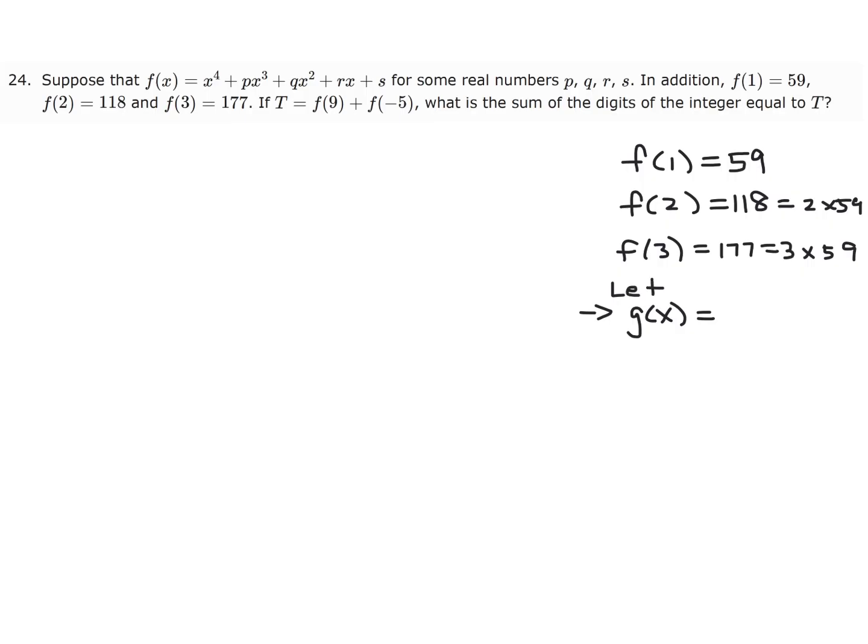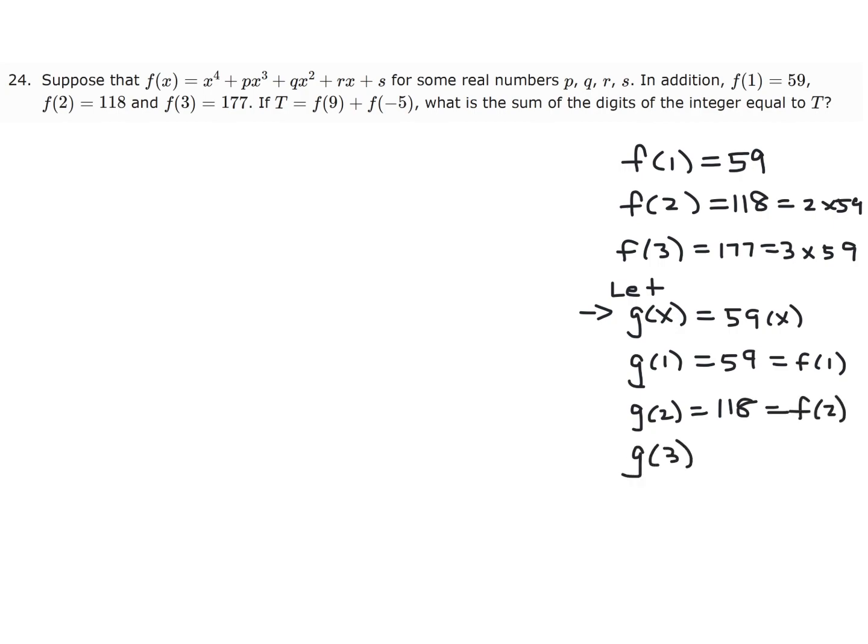Well, if we have another function, I can introduce this. If I let it equal 59x, then g of 1 would be 59, which is f of 1. g of 2 would be 59 times 2, which is 118, which is f of 2. And g of 3 would be 59 times 3. Sorry, I probably shouldn't have written it with the bracket.